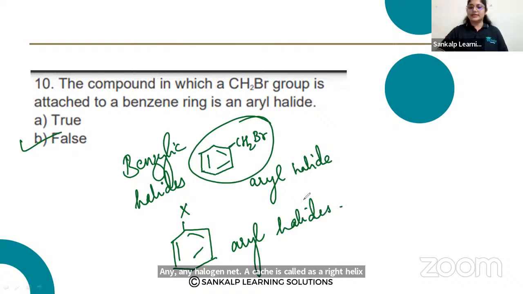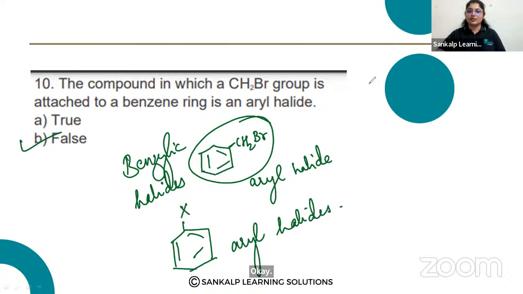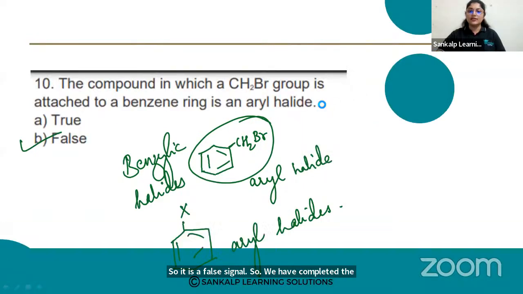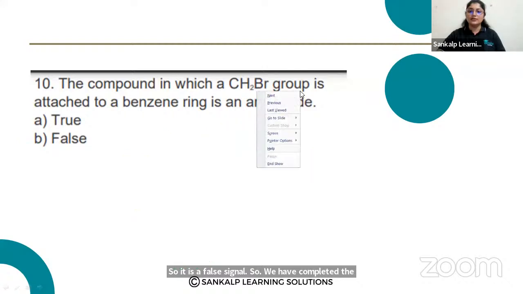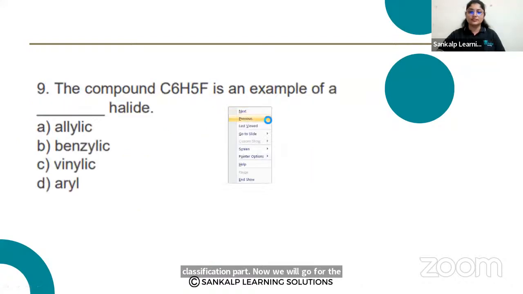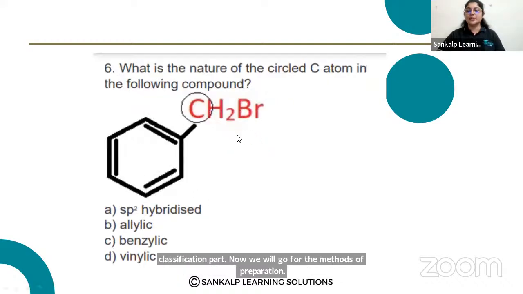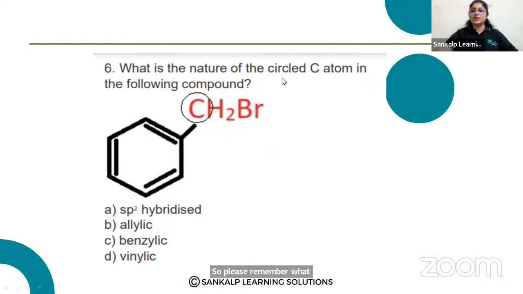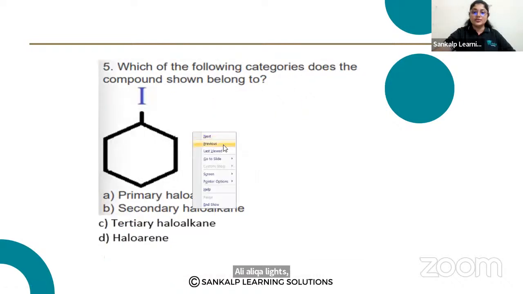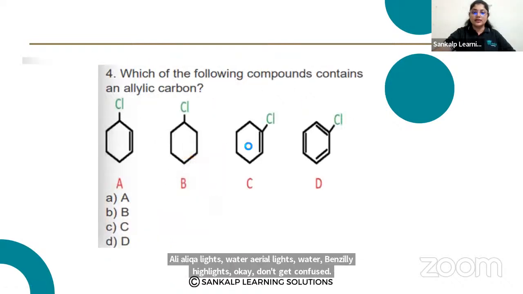So it is a false statement. So we have completed the classification part. Now we will go for the methods of preparation. So please remember what are vinylic halides, allylic halides, aryl halides, and benzylic halides. Don't get confused. They are very important.